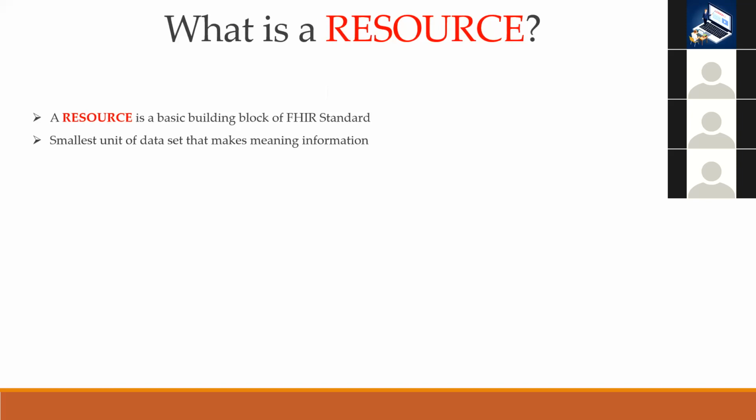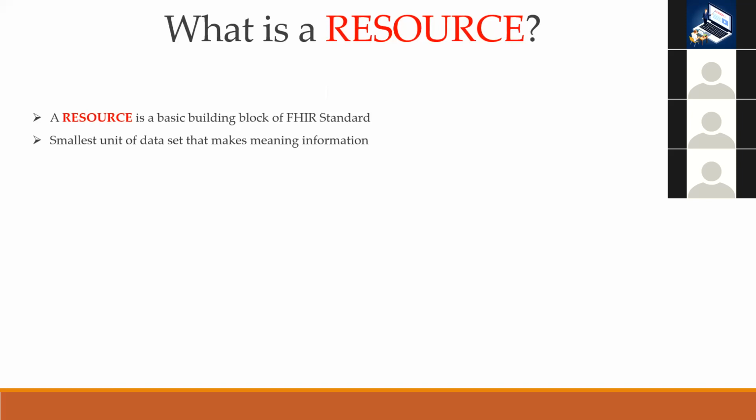Examples are patient data, encounter data, observation data, service request data. These are data sets that you will be seeing in the EHR repository. In EHR, there will be a lot of data sections, right?